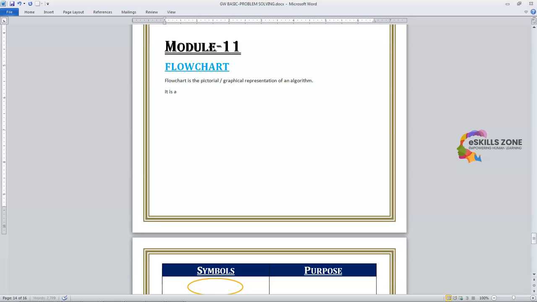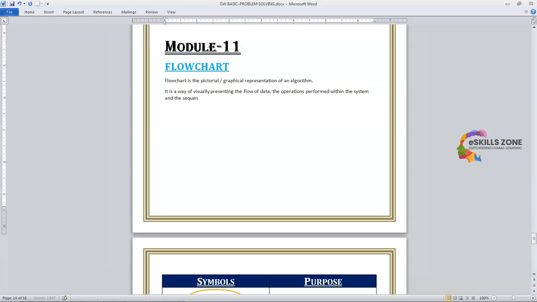It is a way of visually presenting the flow of data, the operations performed within the system, and the sequence in which they are performed.